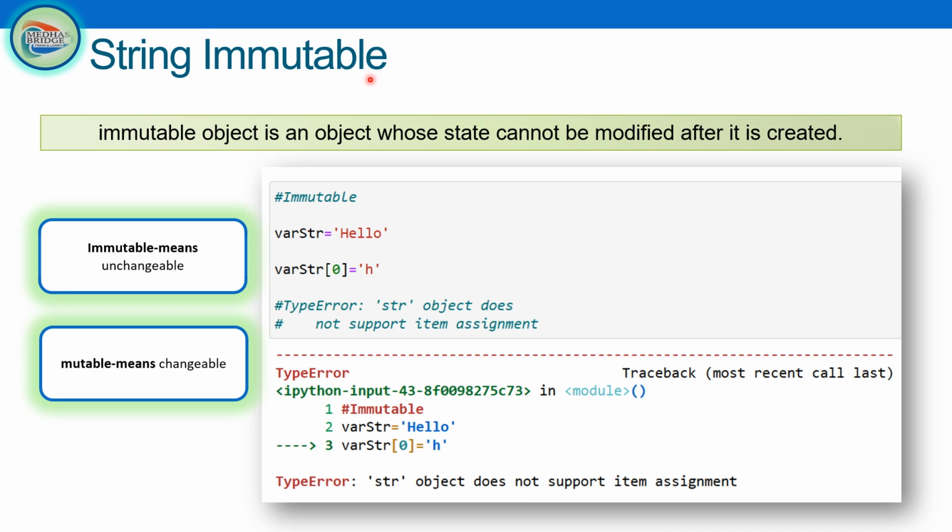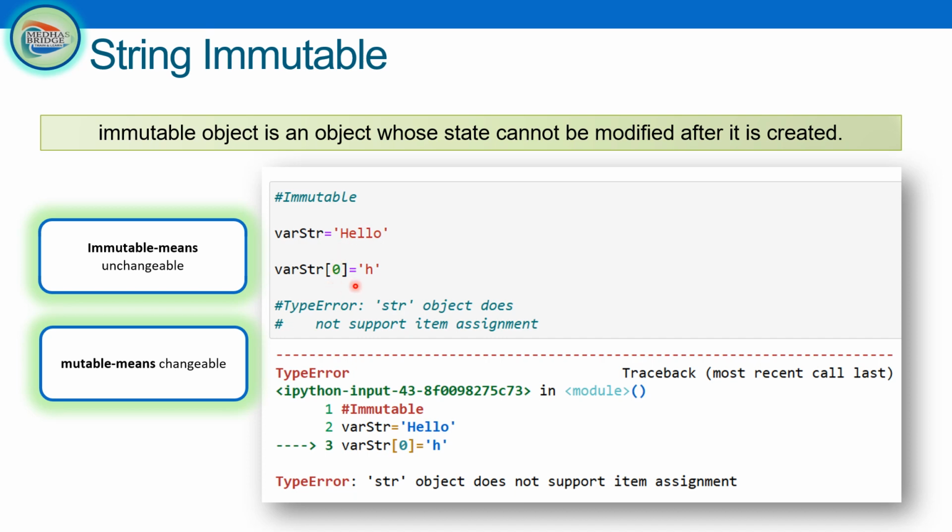String immutable. Immutable object is an object whose state cannot be modified after it is created. Immutable means unchangeable. Mutable means changeable. We have string called hello, started with uppercase letter H at index 0, or we can say position 1.